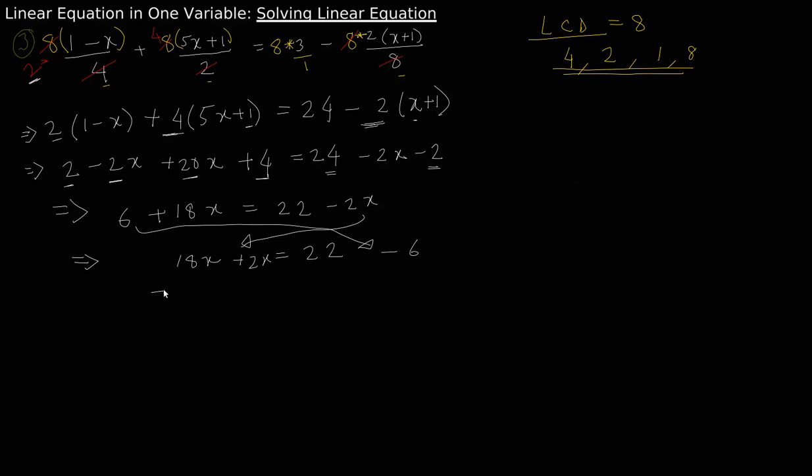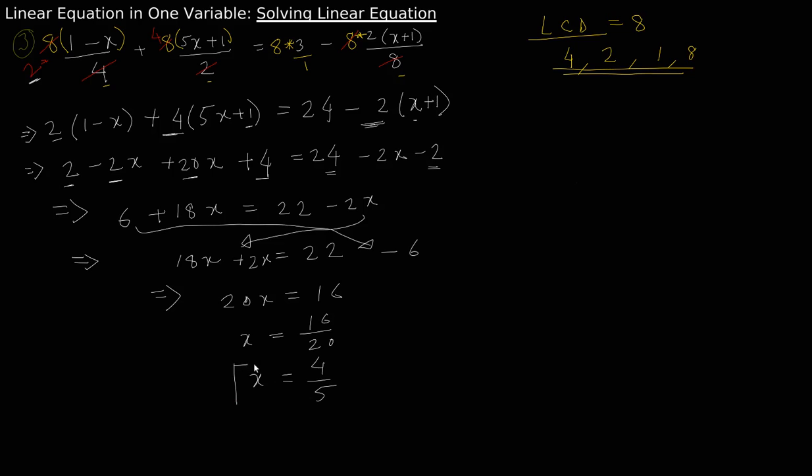So I am left with 18x plus 2x is 20x equals 22 minus 6, which is 16. So x equals 16 over 20, and I can reduce it a little bit, so it will be 4 over 5.